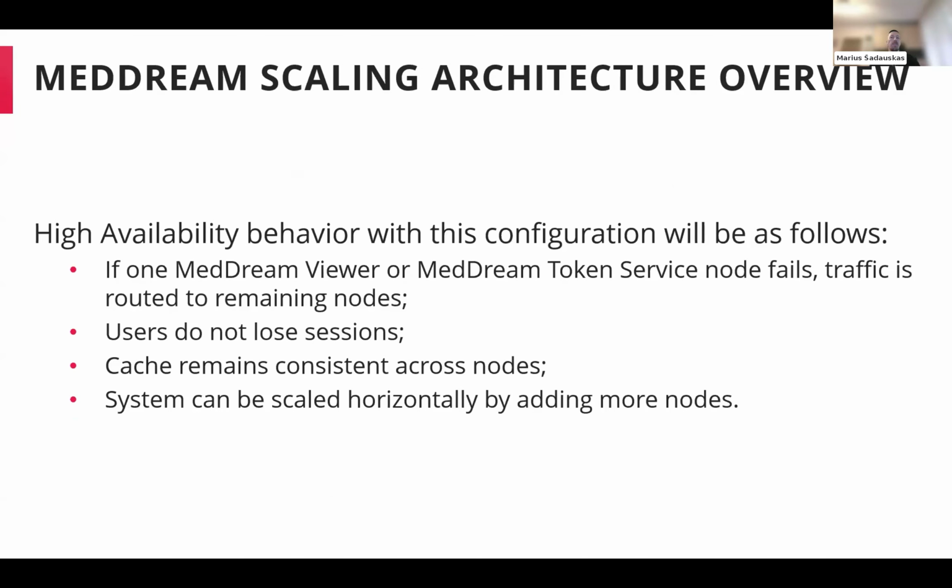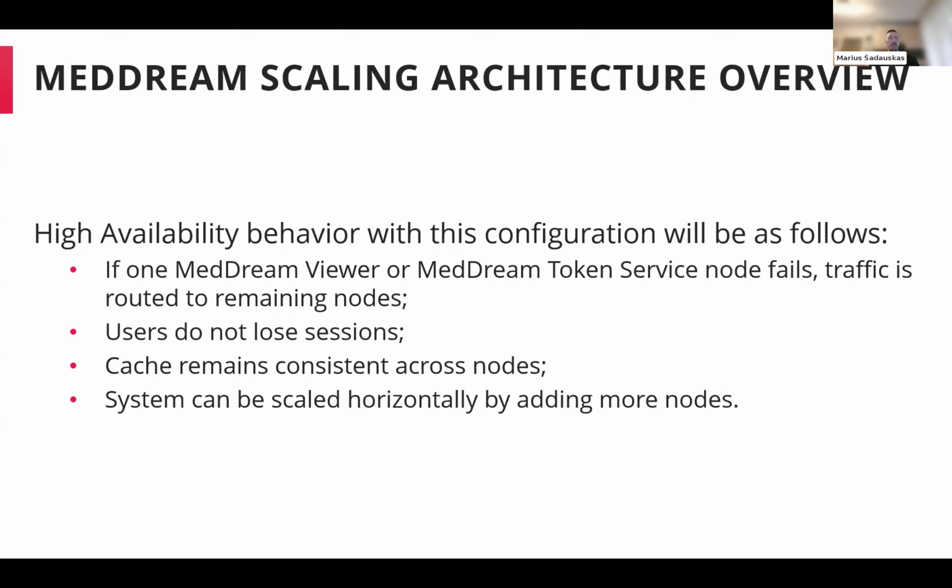And having this deployment, this configuration with all these components, in principle, would behave as follows: if one of the MedDream or MedDream token service nodes would fail, the traffic would be routed to the remaining nodes, and the users do not lose the session.